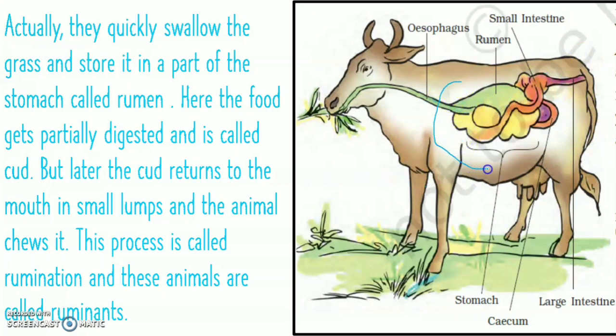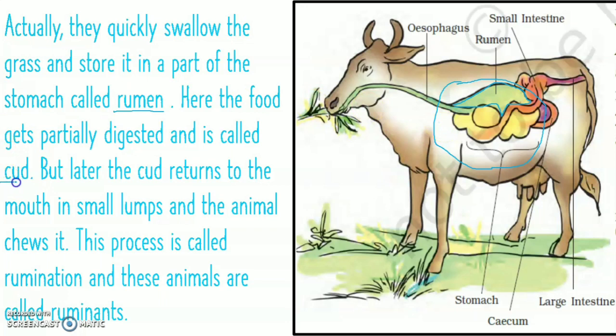So this whole thing is their stomach. And this green part over here is called the rumen. Here the food gets partially digested, and after it is partially digested, it is known as cud.